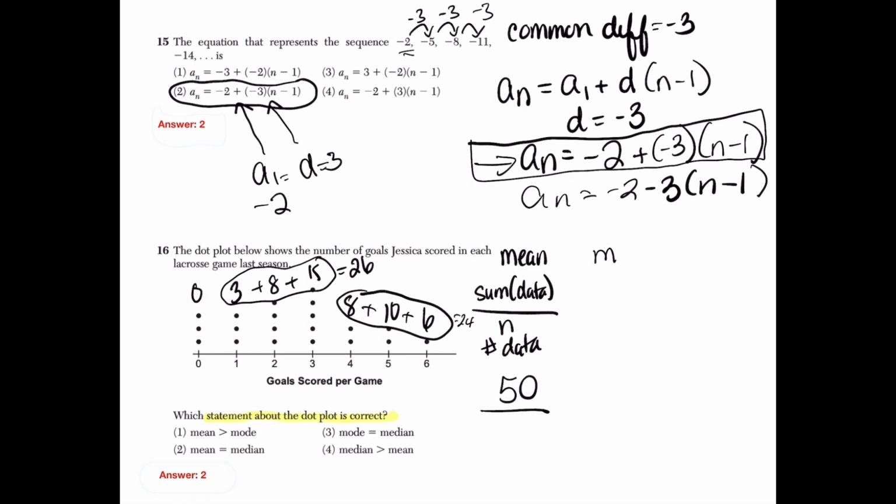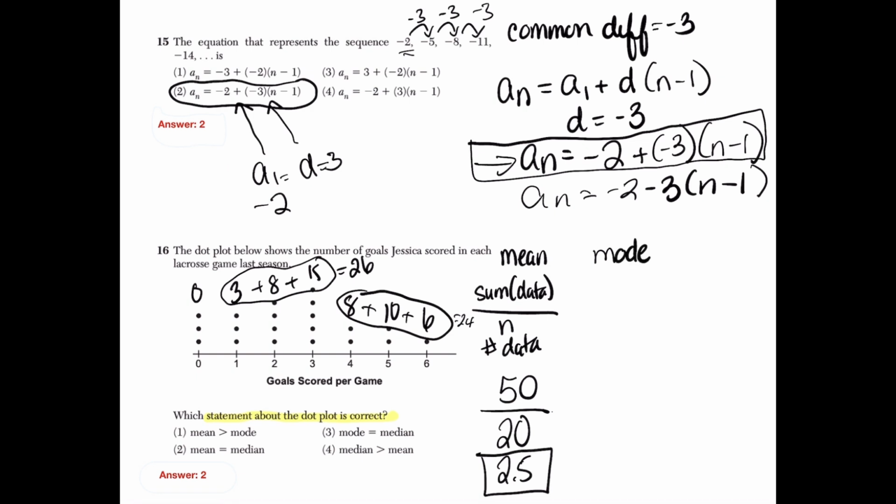I'm just counting how many points. 1, 2, 3, 4, 5, 6, 7, 8, 9, 10, 11, 12, 13, 14, 15, 16, 17, 18, 19, 20. So divided by 20. So 50 divided by 20 is 2.5. So that's our mean. Okay.